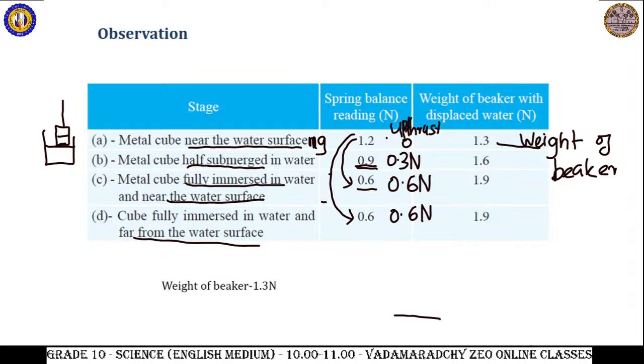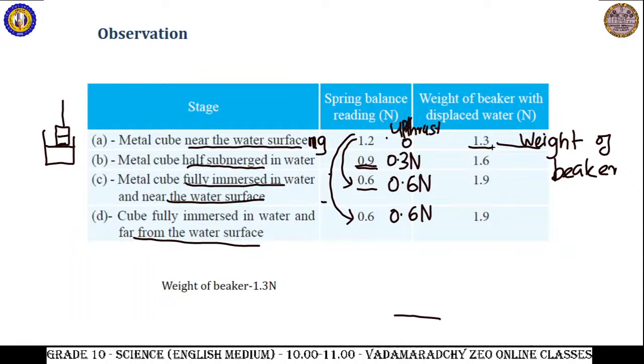Now we see the weight of the beaker with displaced water. In the first instance, no water was displaced, so the weight of displaced water is 0 and the weight of the beaker is 1.3. Then we half submerge the metal cube in water.